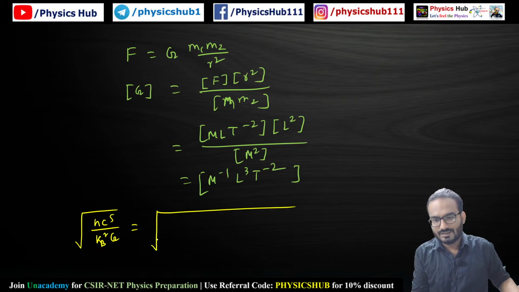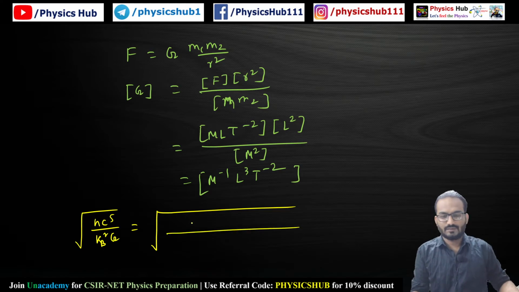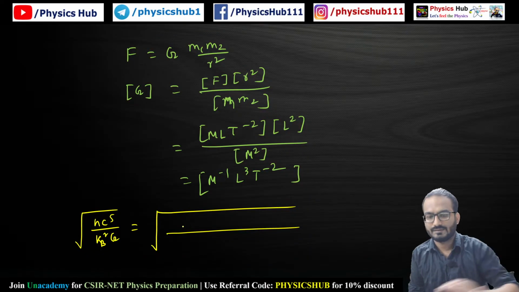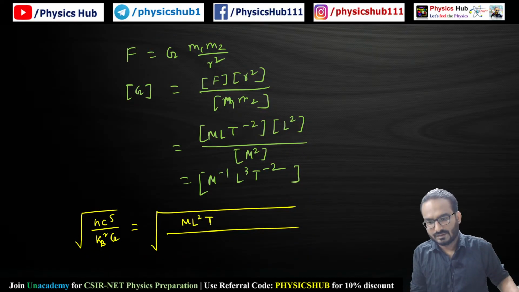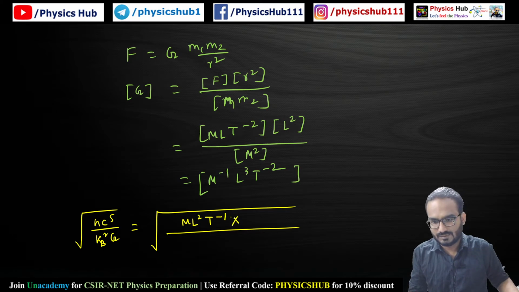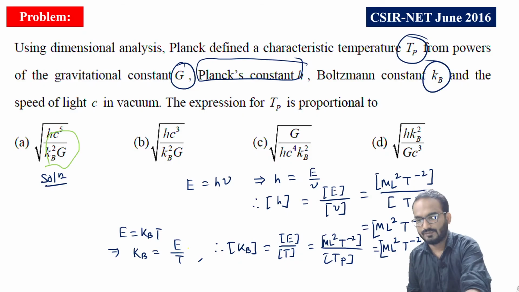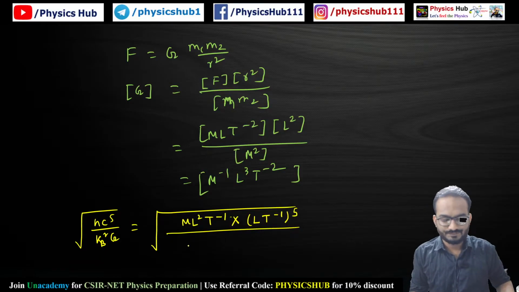Okay, so h root over h c to the power 5 divided by k_B square into G. The dimension of h we have already found out: M L square to the power minus 1 to the power 1. c to the power 5, c is the dimension of velocity, L T inverse to the power 5. k_B square, we have got M L square to the power minus 2 T_P inverse.